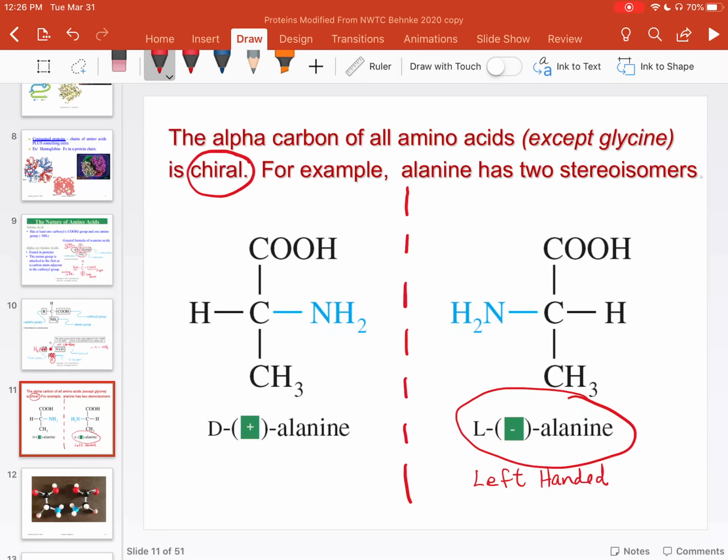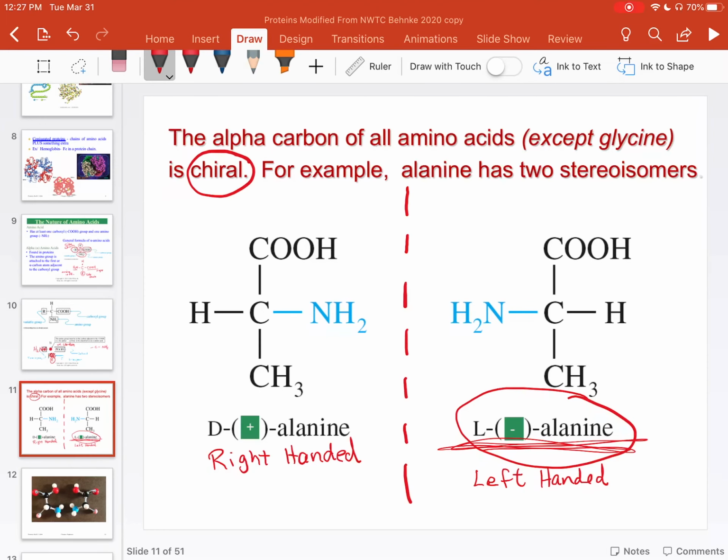And D stands for dextrorotatory, and that stands for the right-handed. And again, in the human body, it is only this left-handed version of the molecules that exist.